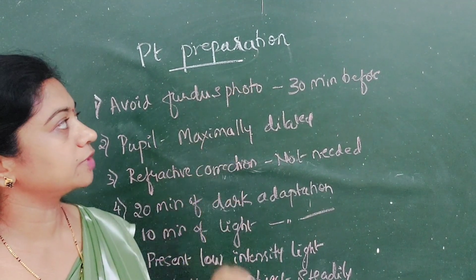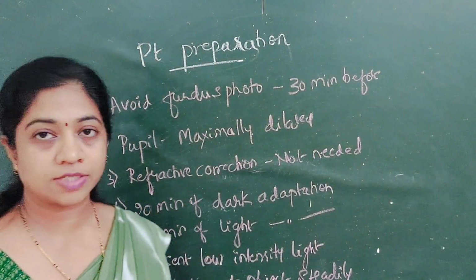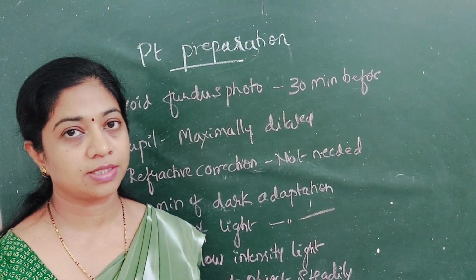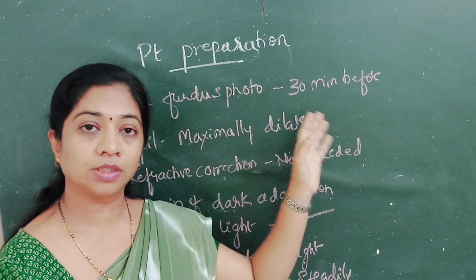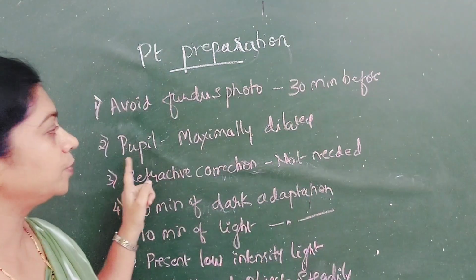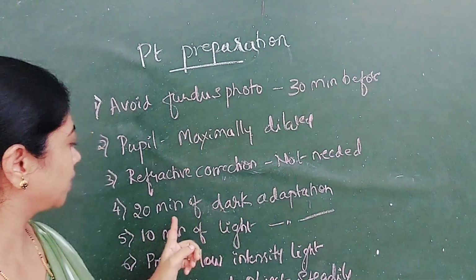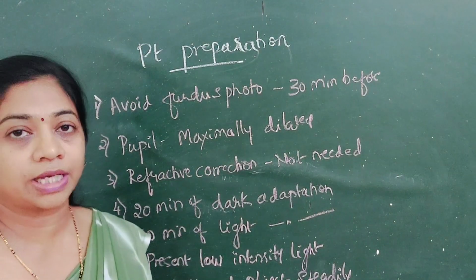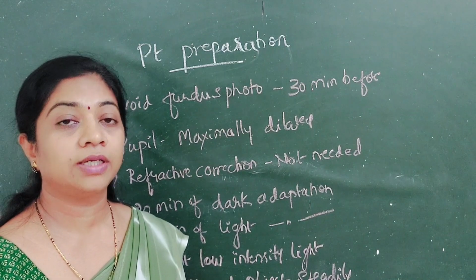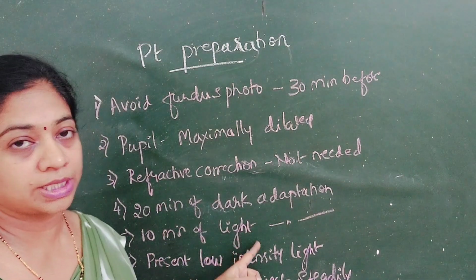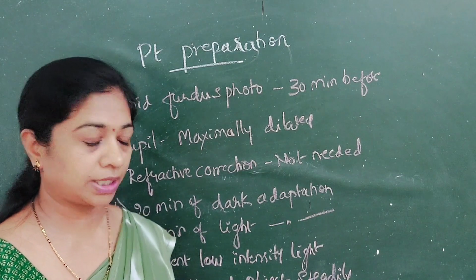Coming to patient preparation for ERG, avoid any fundus photo or fundus autofluorescence or FFA, any type of illumination to the fundus at least 30 minutes before the ERG procedure. Then the pupil should be maximally dilated. There is no need to correct the refractive errors. A minimum of 20 minutes of dark adaptation is needed if you are planning for dark adapted ERG, and a minimum of 10 minutes of light adaptation is required if you are planning for light adapted ERG.